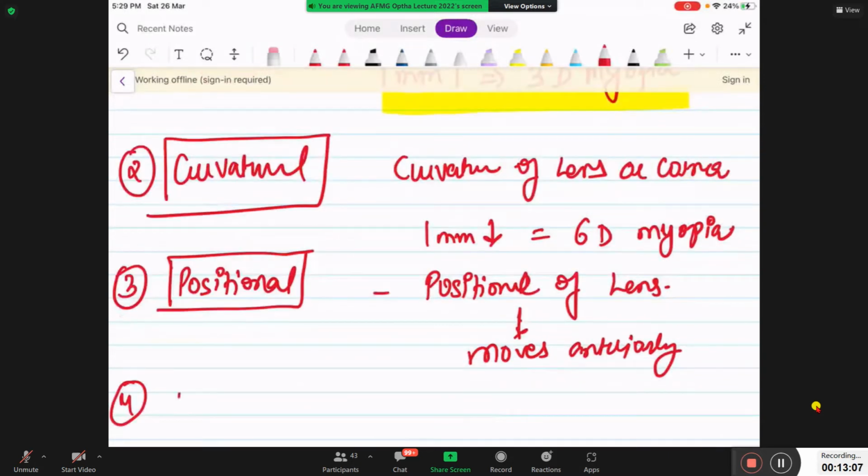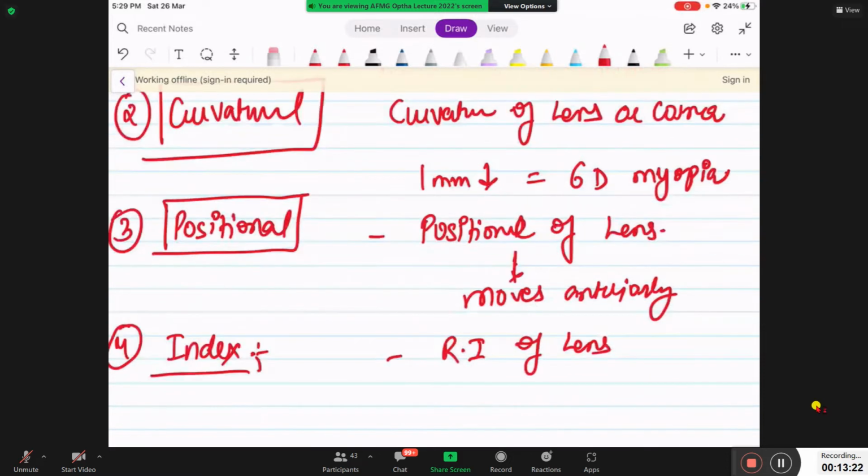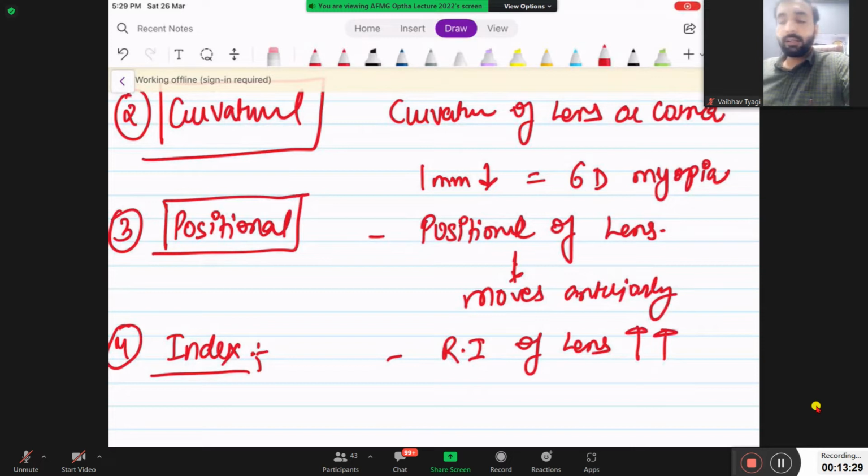Then index myopia, which we discussed in cataract, in nuclear cataract, the second sight phenomenon, you remember, in which the refractive index of the lens increases. So when the refractive index of the lens increases because of hardening, it will induce myopia.